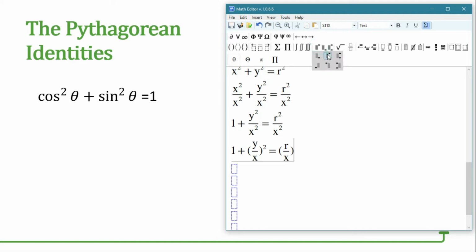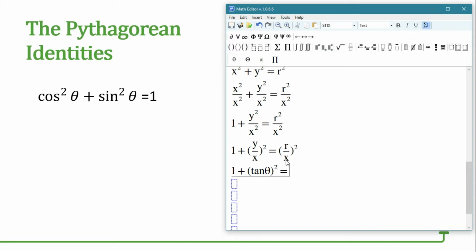And then what we're going to do is substitute this by our trigonometric function. So we have defined y over x as what? This is actually the tangent function, ordinate over abscissa. So that is equivalent to 1 plus the square of the tangent of an angle, equals, what about r over x?